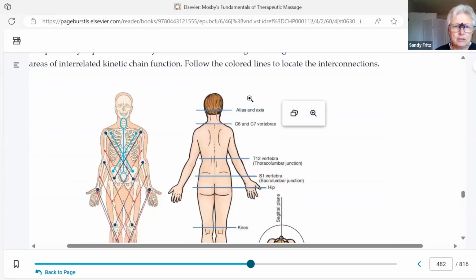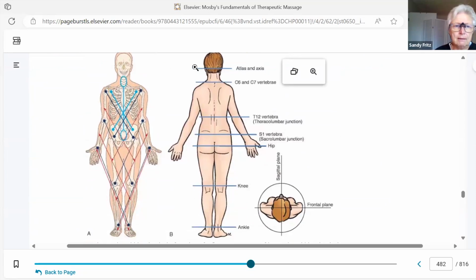So here's the kinetic chain idea, the relationship between body areas, places where we move specifically on the transverse plane. So this is where we twist, and we get a front-back relationship.